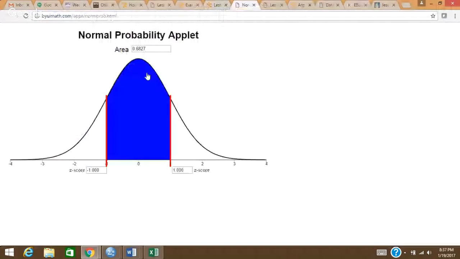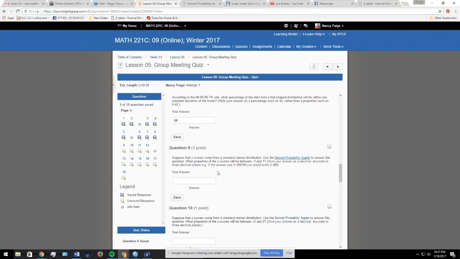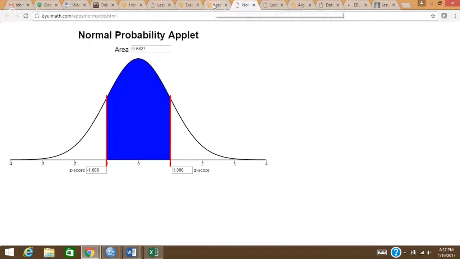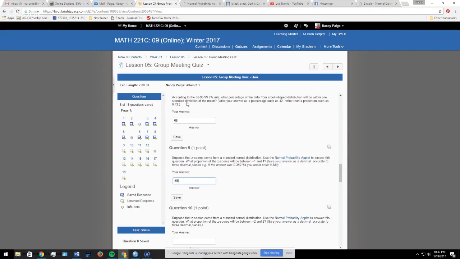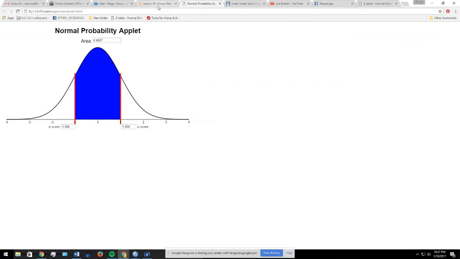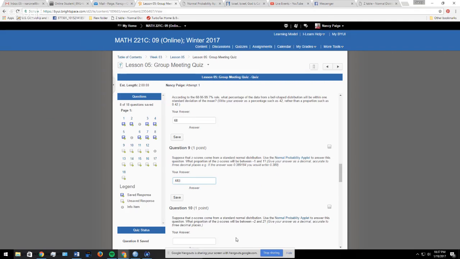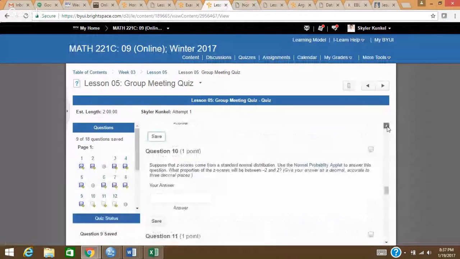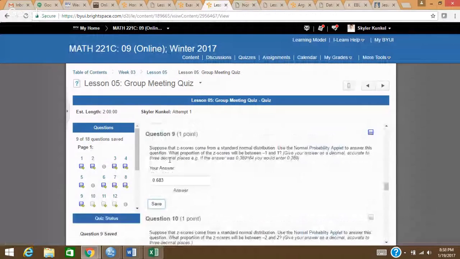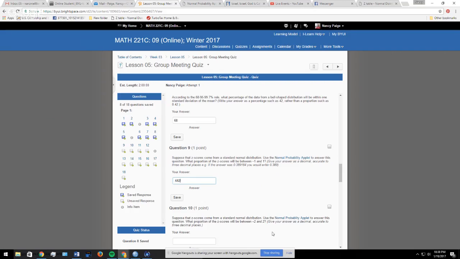Is this the same thing you got? Look at my screen. Yeah. It's to the third decimal, so 0.683. It says give your answer as a decimal accurate to three decimal places. Okay, so we don't have to round it.